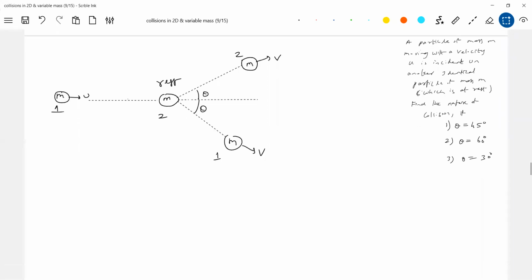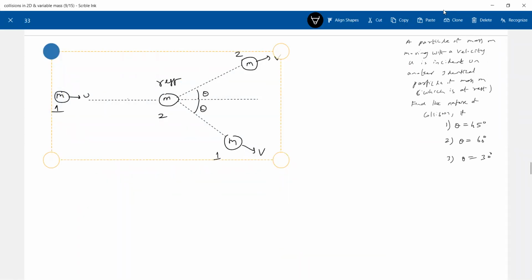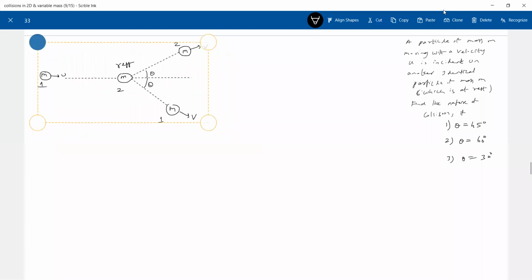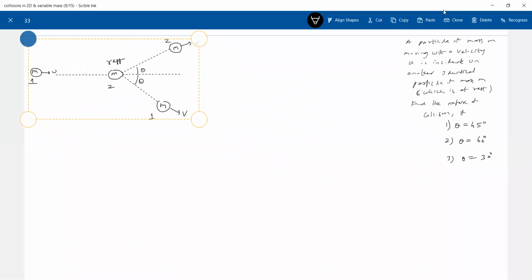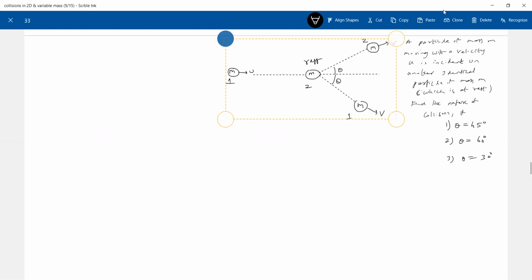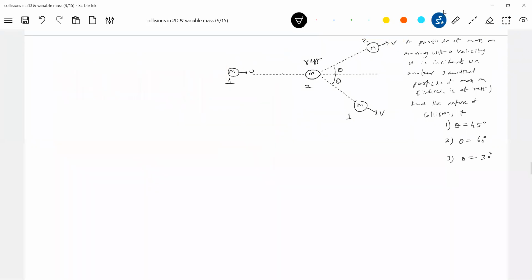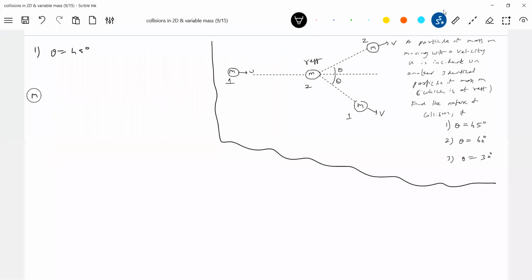There's a diagram initially. A very simple problem, no mathematics, nothing. Let me start from here. First case, theta 45 degrees. Particle 1 moves and will collide with another particle which is at rest.